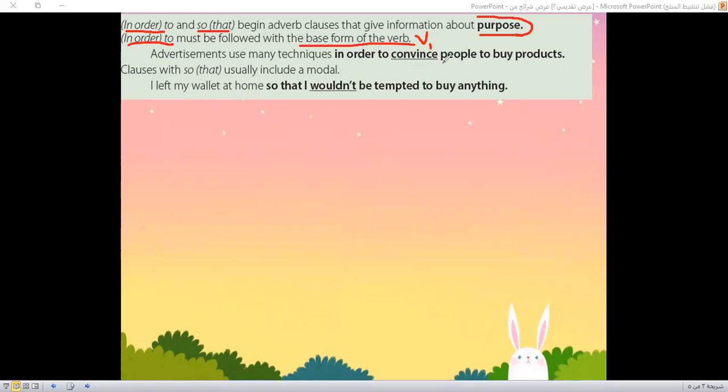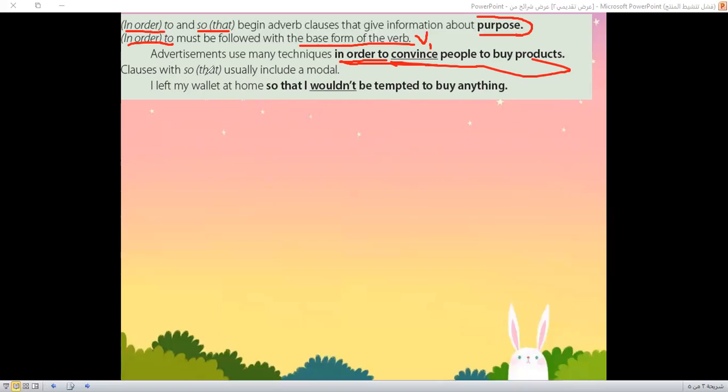In order to convince people to buy products. Convince يعني إقناع. So convince is the verb here. And this verb is in verb 1. Convince. Because it's what? After to. In order to. This is the adverb. In order to. And this is all the adverb clause. هذه كلها الadverb clause. Okay?